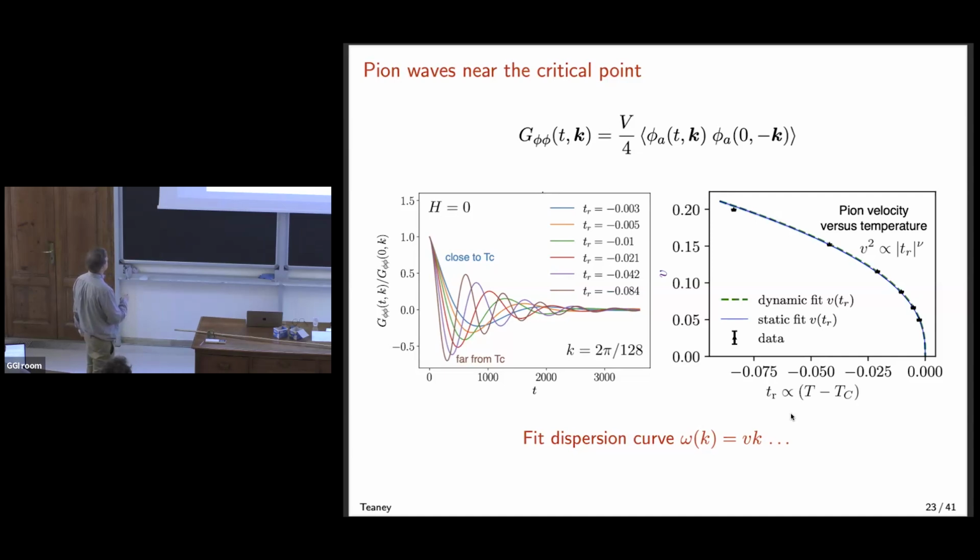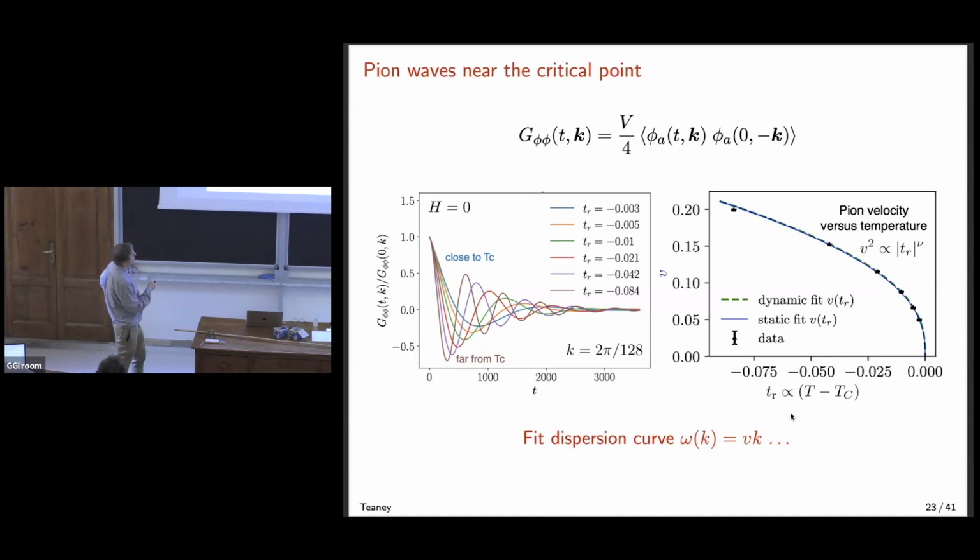So you can see the transition from far from T_c to close to T_c, how the pion begins to emerge. Of course you see very clearly a pole frequency that you can read off, with enough fitting and playing, and so you can fit this dispersion curve, which should have this form of omega equals v k.